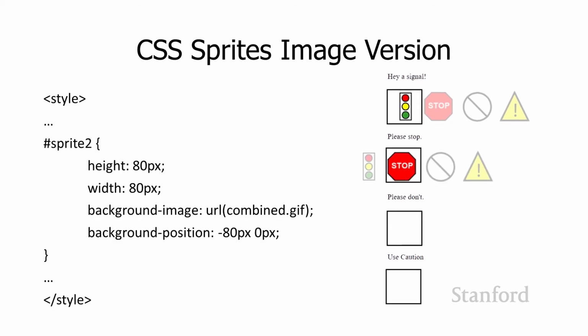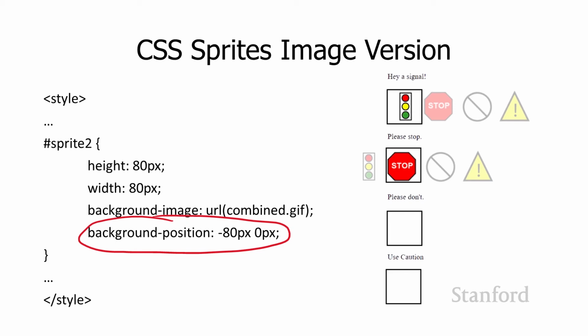Then I do the same thing for the next div. So for Sprite 2, that's the ID for our second div, I do the same thing, but in addition to the background image style property, I use a second style property associated with background images, which is the background position. I shift that background image over slightly so that the traffic light is no longer showing directly behind this div.